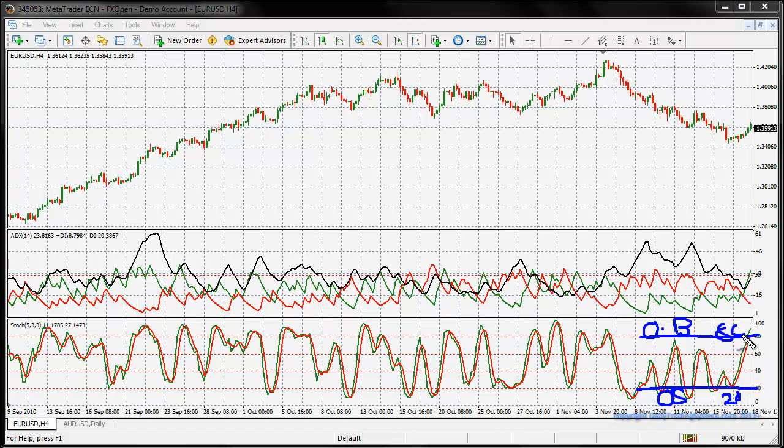Now you can also sell off the 80 level and buy off the 20 level, but it's not really recommended. You need to find a midway point or a medium point where the trade has actually gone in a significant direction one way or the other. So for instance, here we're on the 20 line, so the 20 line is an oversold area and we're looking for buying opportunities, and for overbought areas we're looking for sell opportunities.